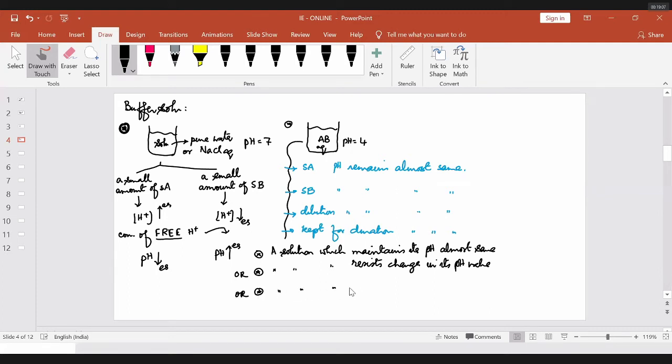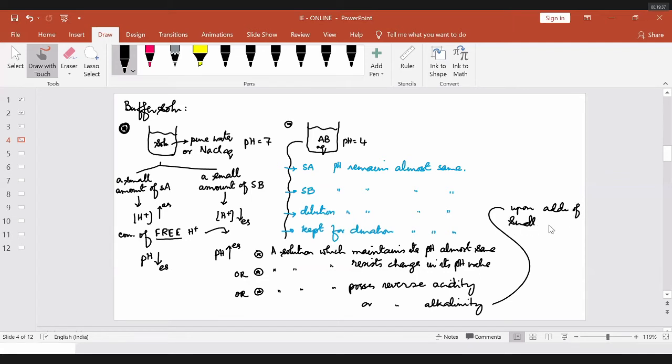A solution which possesses reverse acidity or reverse alkalinity upon addition of a small amount of strong acid or strong base, or upon dilution or upon long standing, is called a buffer solution.